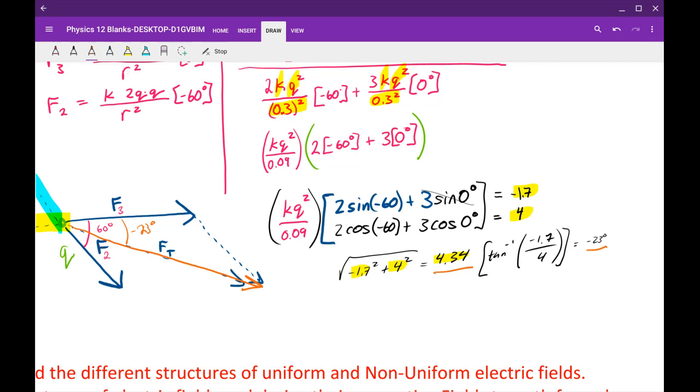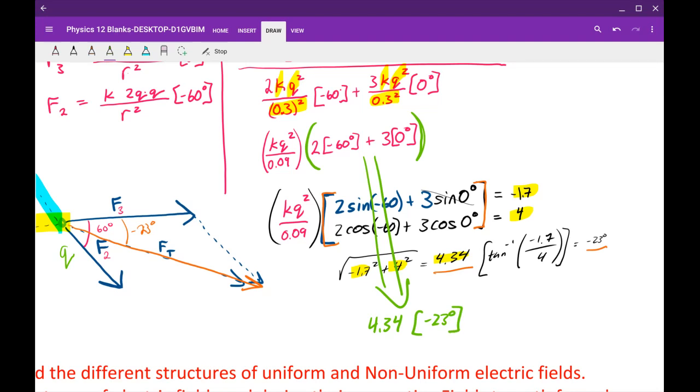So that's the result of these green brackets here, which are essentially equal to 4.34 at negative 23 degrees.